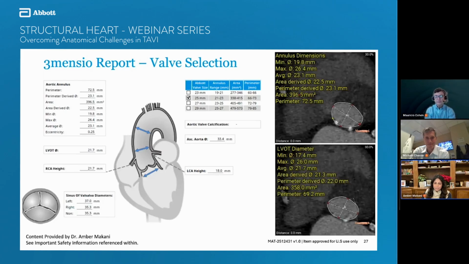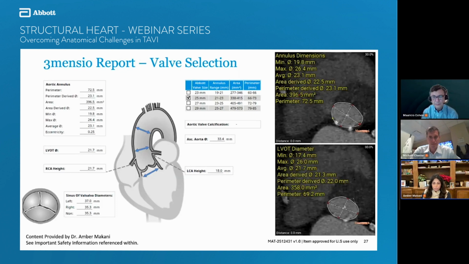I think to some degree, similar to the annulus, it's the distribution of the calcium that really does make a difference. More than the calcium quantity, in my mind, it's the tapering and the size of the LVOT that you really need to keep in mind. If there's significant tapering of the LVOT, you want to be very careful with the sizing of your valve.